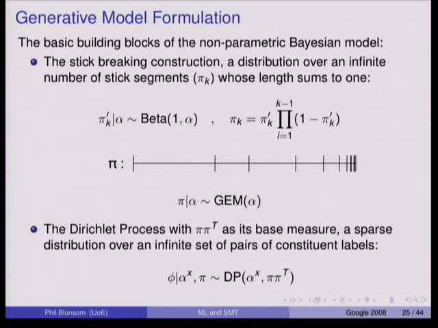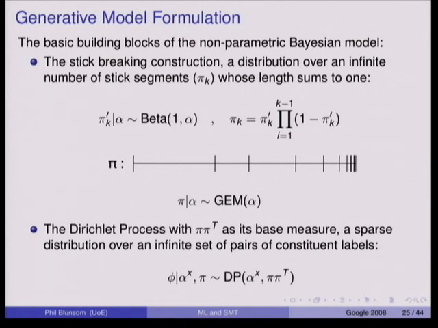We then break them off from our unit length stick and scale by the remaining length. And you can see that will give us an expectation of a decreasing length. And we can keep doing that to infinity. So that's what we use to give us a prior over the labels.